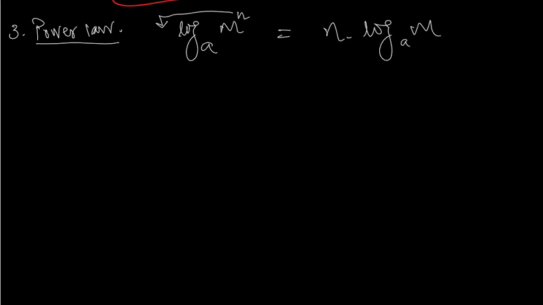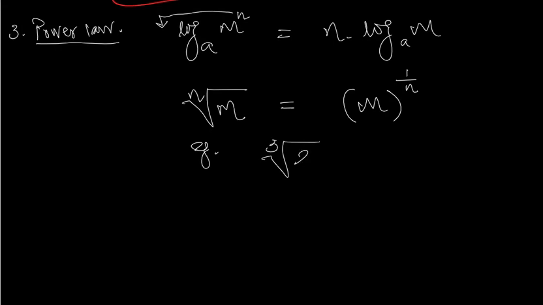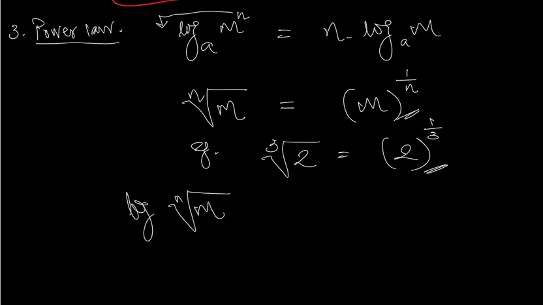Okay, so this has many other applications. I can show you one. Suppose I have nth root of m. How can I write nth root of m in a simple manner, in exponential manner? I can write it as m raised to 1 by n. Just like if I have, for example, cube root of 2, how can I write this? 2 raised to 1 by 3, right? So suppose I was to take a log of nth root of m.